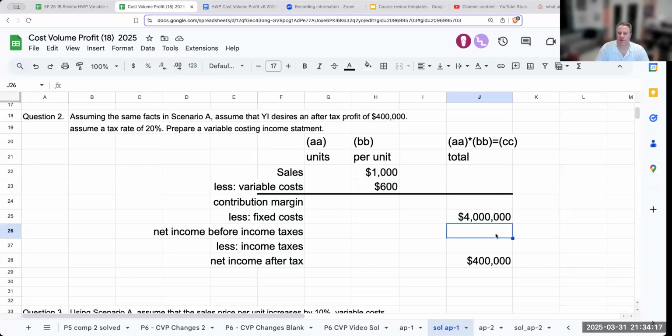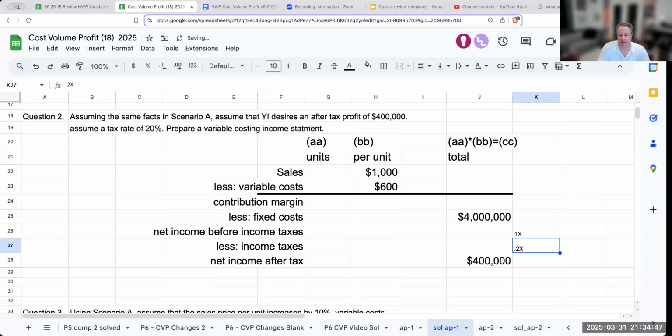Now, there are going to be relationships with this. If I have a desired after-tax profit of 400,000, what does this mean? If I call my net income before income taxes X, the income taxes are going to be 20% of that amount. Oftentimes you can call this 1x.